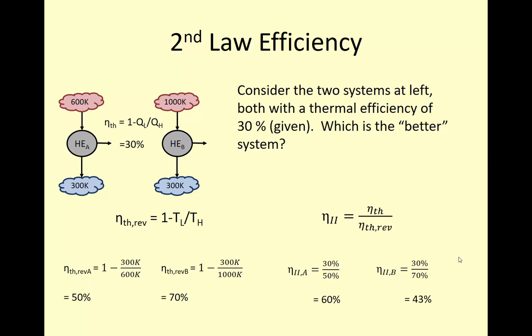So because heat engine B has a higher theoretical thermal efficiency, it actually doesn't perform as well when we stack it up against the system with a lower thermal efficiency from a theoretical standpoint. So again, it's important to take these numbers and put them in a useful form, which allows us to truly analyze them and compare them one to another.